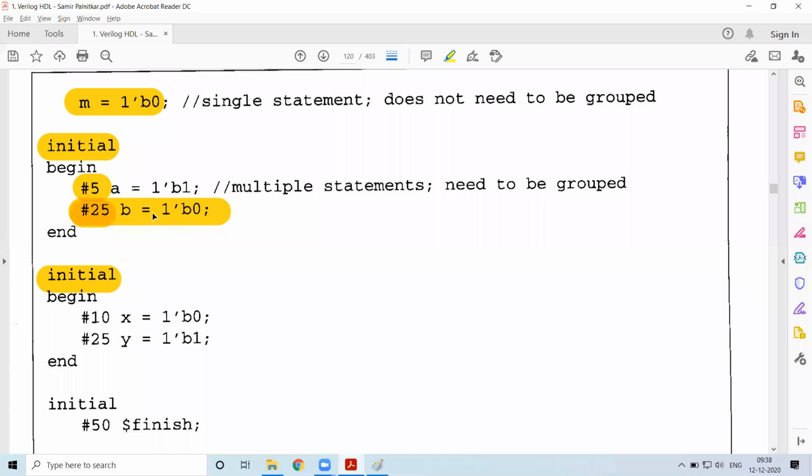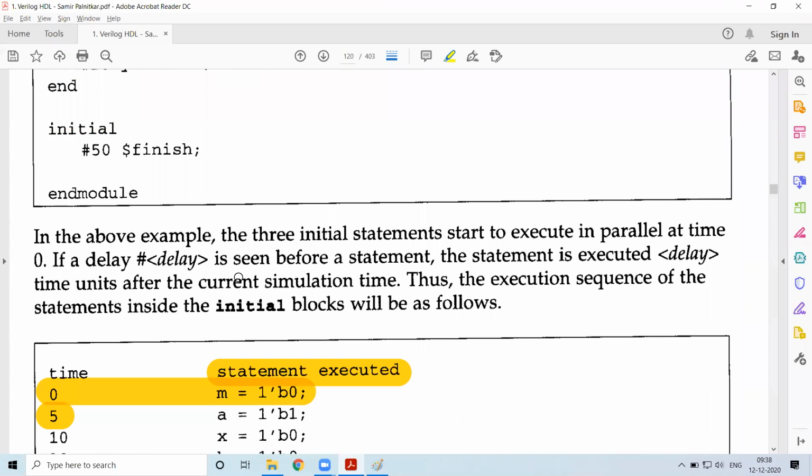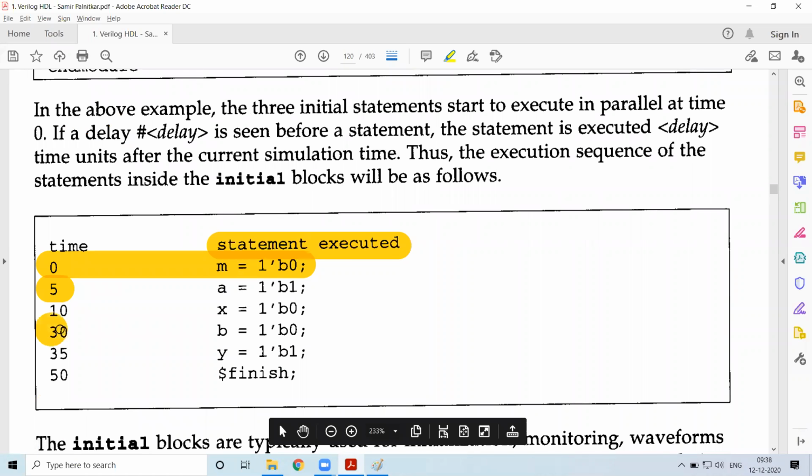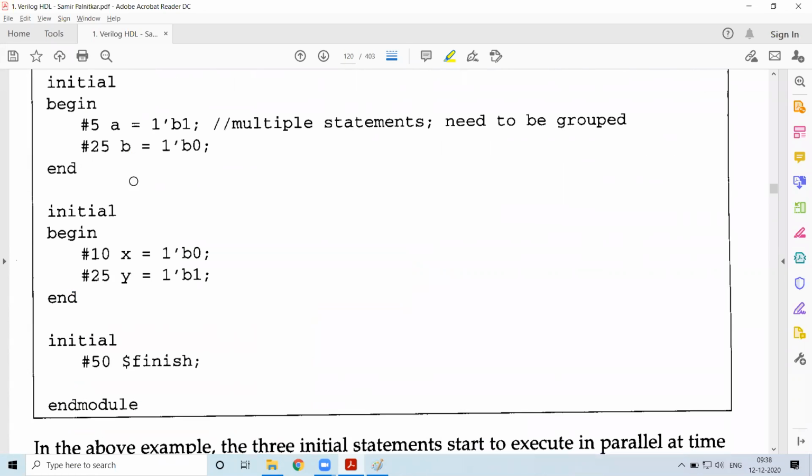So at the 30th time unit, this statement gets executed, that is, b is equal to 0.